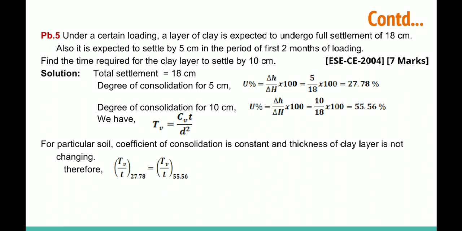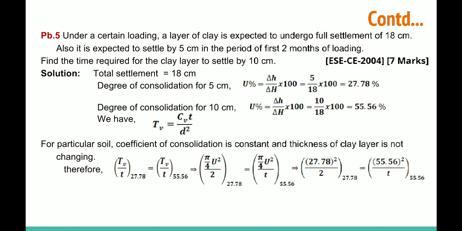In the first equation, left side of this equality sign, we have this Tv value, we have the t. In the right side, we have the Tv value, so we can calculate the t. So by using this relation, we can put the value of Tv, that is less than or equal to 60% degree of consolidation, so we can use pi by 4 into U square.